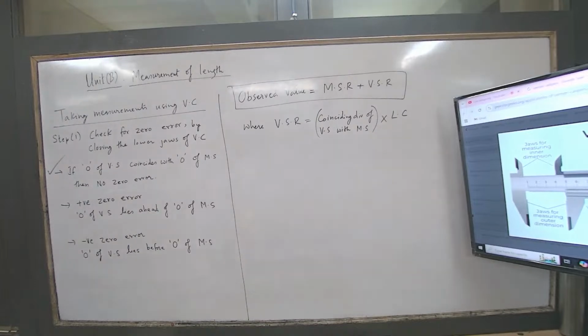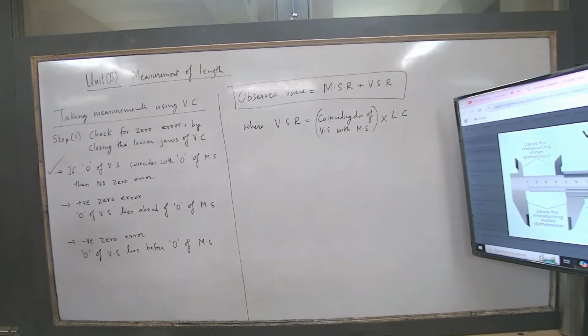For that, I will now use the diagram given in Selena. Come to page number 11. That is page 12. There is this diagram. Okay. Here the vernier scale is shown above. Sometimes they have shown the vernier scale above, sometimes below, because this is a schematic diagram. Just two scales are shown.